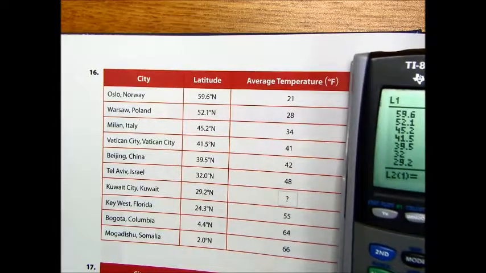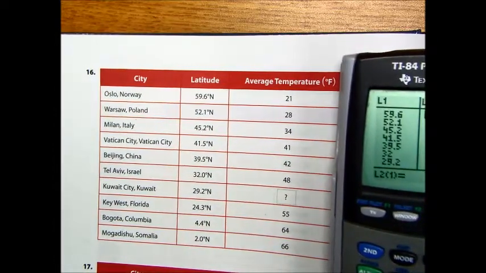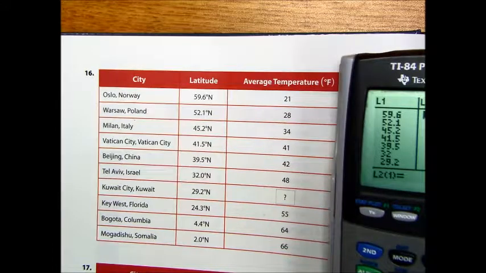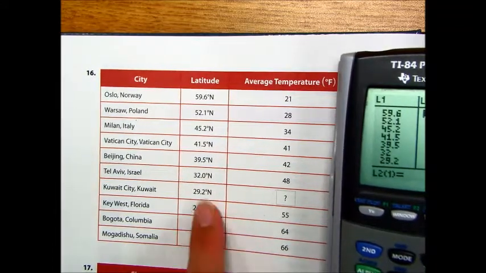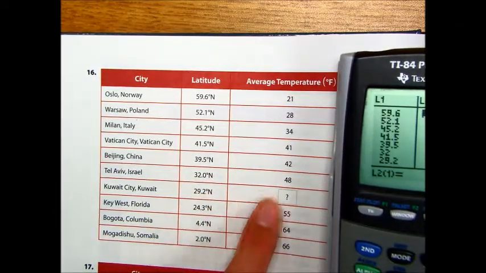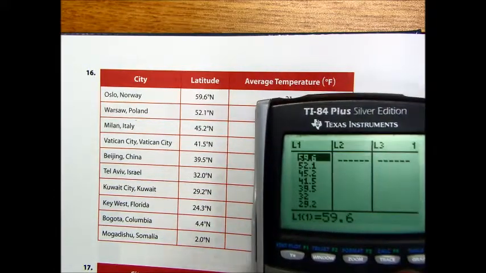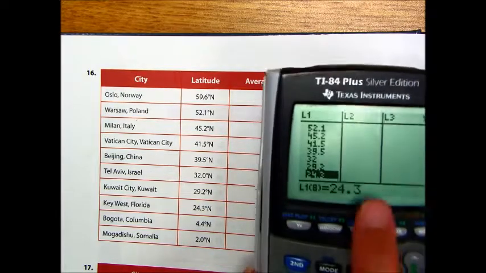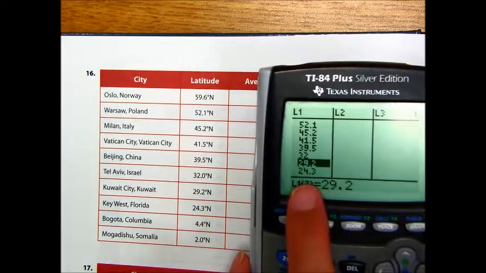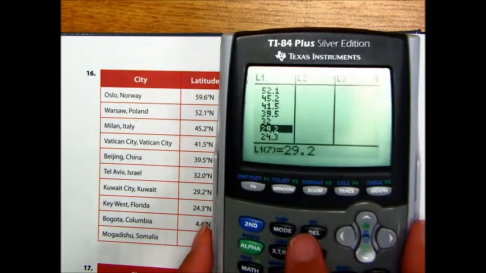What I'm actually going to need to do is, because they don't give me the number that goes with the 29.2, give me a sec. We're going to cursor back over to L1, find that 29.2, highlight the 29.2, and delete it.